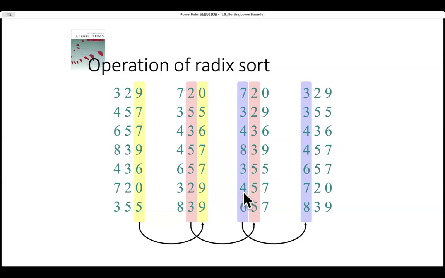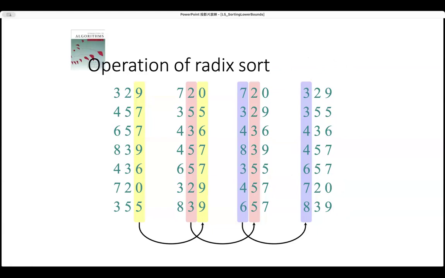And then 6, 7, 8, which is straightforward. So we are done. And look at the order: 329, 355, 436, 457, 657, 720, 839. These three-digit numbers are already sorted, right?